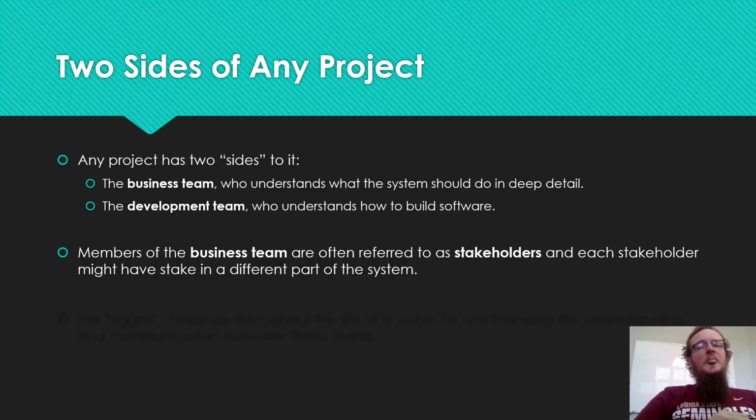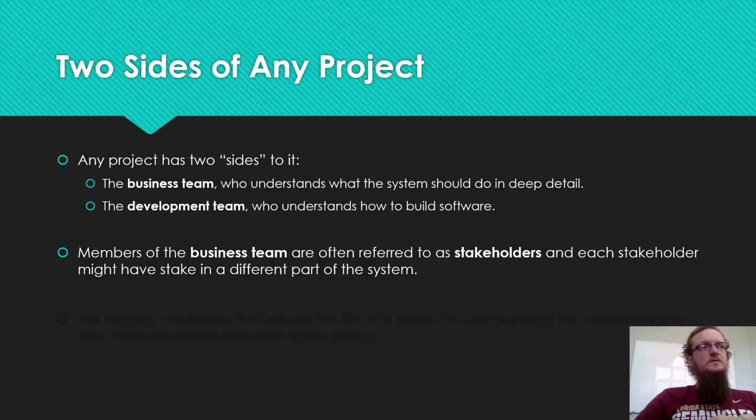Another vocabulary word here: people on the business team are often referred to as project stakeholders, and each stakeholder might have a different stake in a different part of the system. We're going to talk about how systems are decomposed into modules or units.